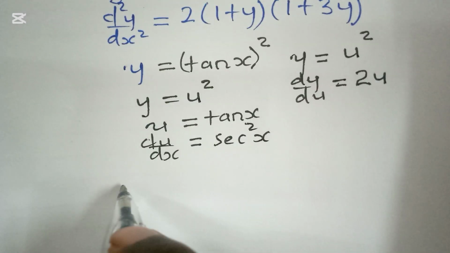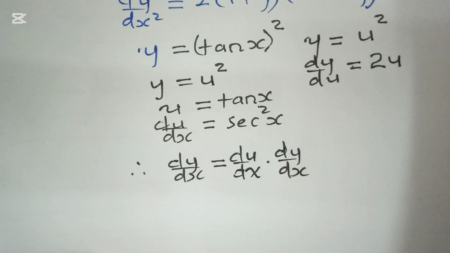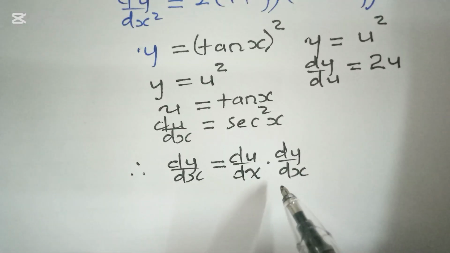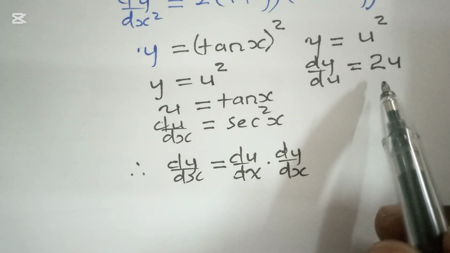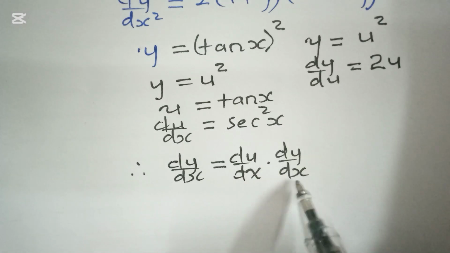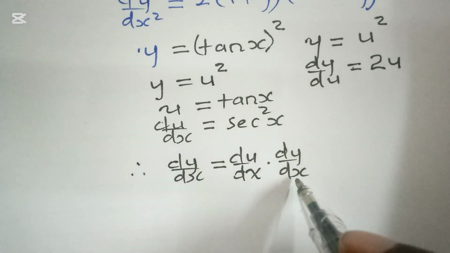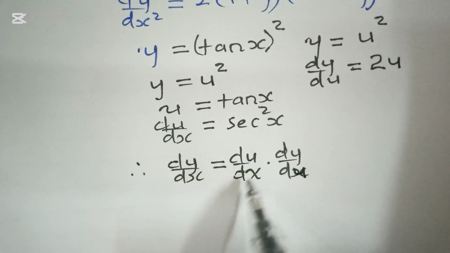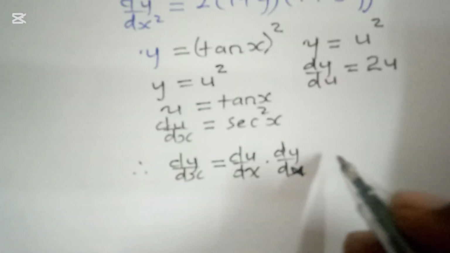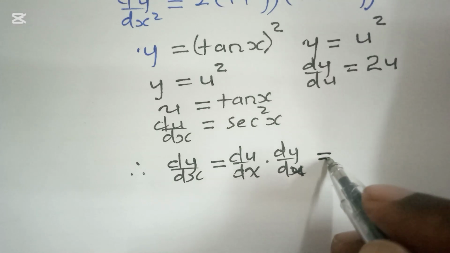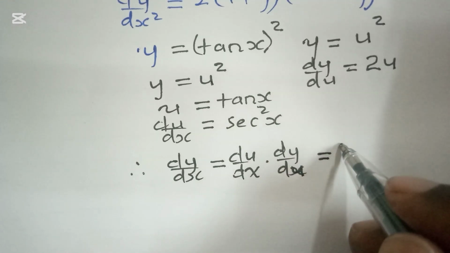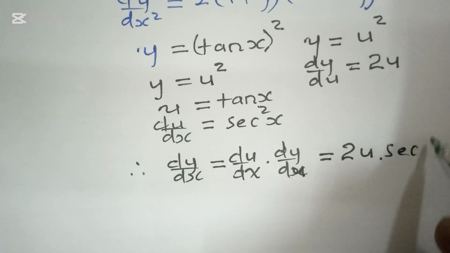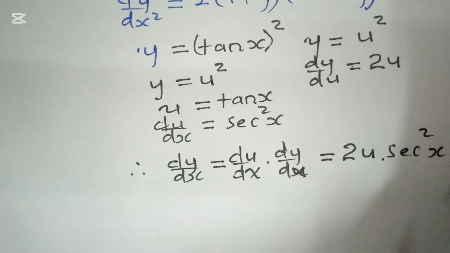So that guys, using this formula, which is the chain rule, we can now replace for our figures, whereby we have dy du is equal to 2u, and du dx is equal to sec squared x. So this is now going to give us dy dx will be 2u multiplied by sec squared x, like that.